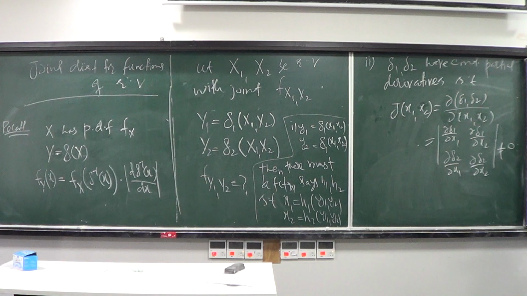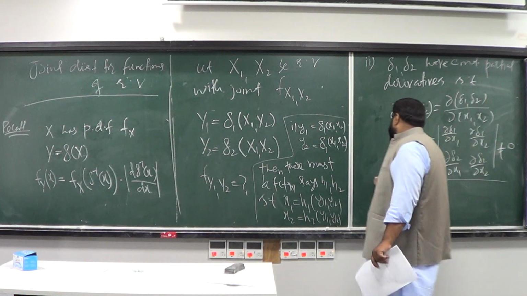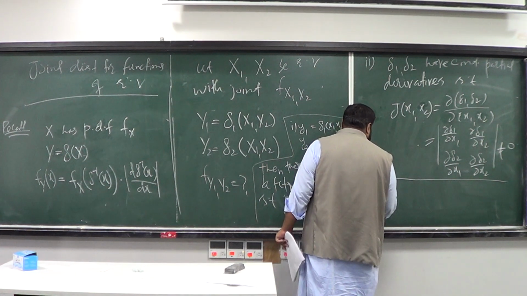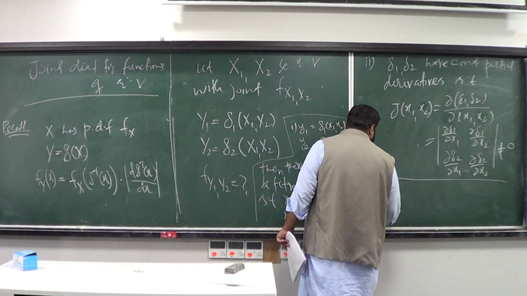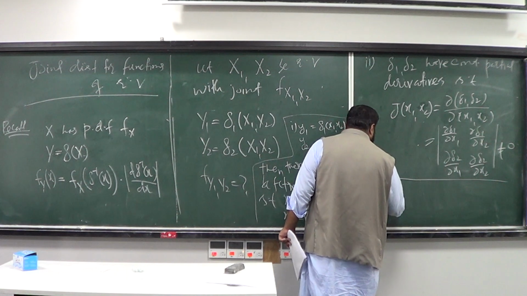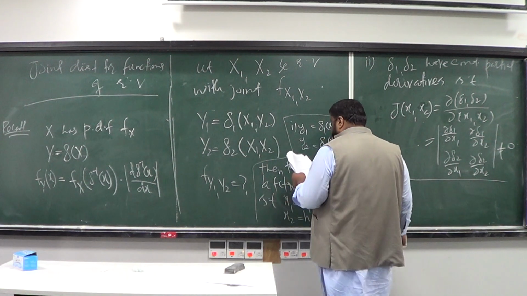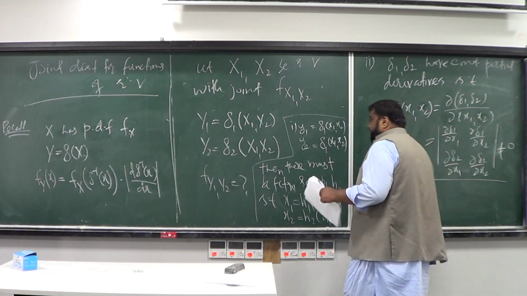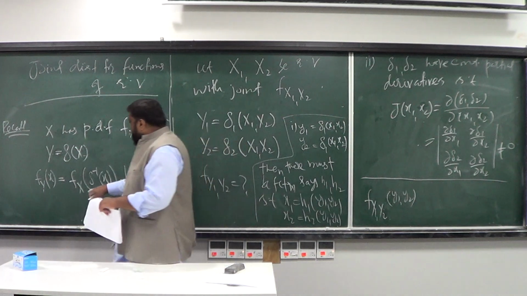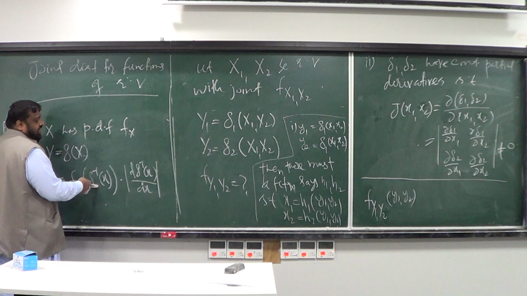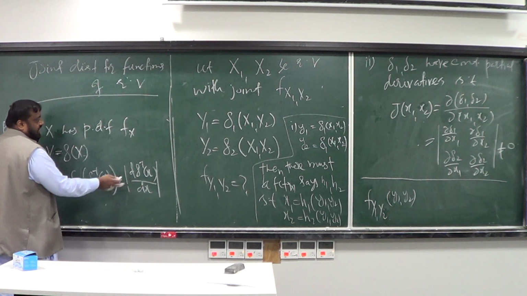If you have these conditions, then here is a direct formula for computing the joint PDF of y1 and y2. And it is really analogous to what you have here: you compute your PDF at the inverse of g and multiply it with the derivative.